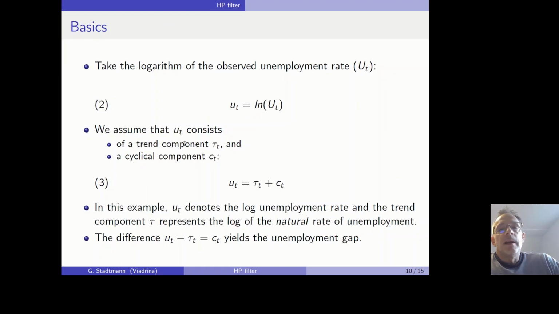The basics. The idea is that in a first step, we take the natural log of the unemployment rate, and then we assume that the realized unemployment rate consists of a trend component, tau, and a cyclical component, c. So the realized unemployment rate is equal to the trend component, tau, plus the cyclical component, c.